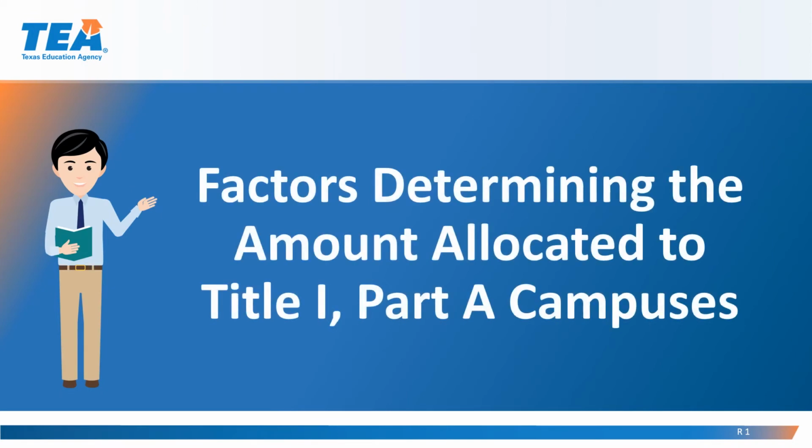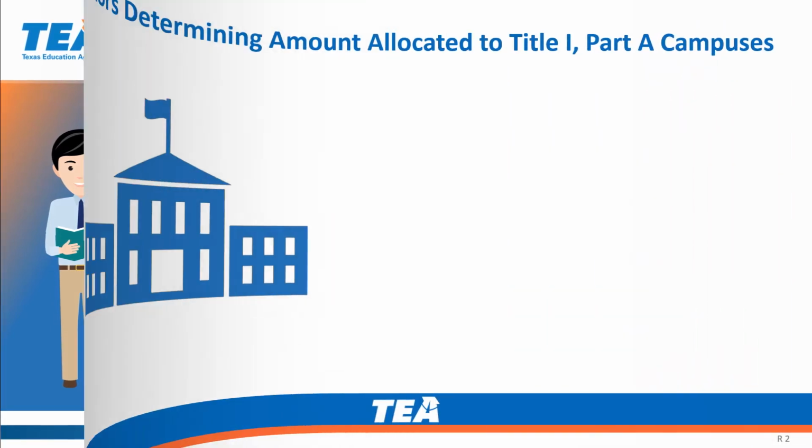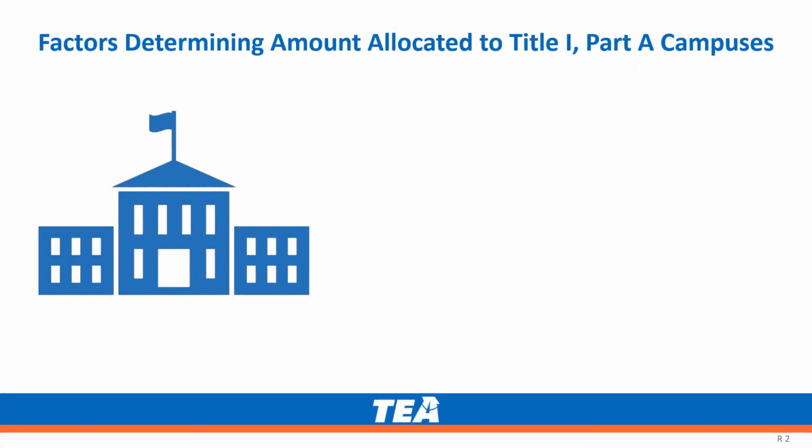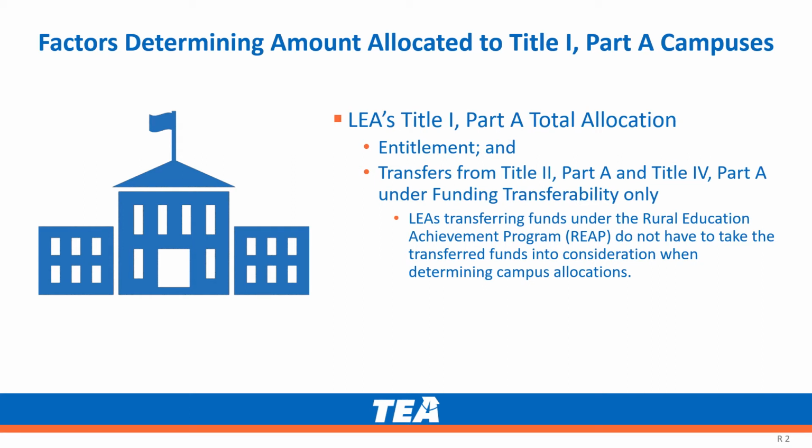We will begin our training by taking a look at two main factors that determine the amount of Title I Part A funds that an LEA has available to allocate to campuses. The first factor is the size of the LEA's total Title I allocation, which includes the LEA's Title I Part A entitlement and any transfers into Title I Part A from Title II Part A and Title IV Part A under funding transferability only.